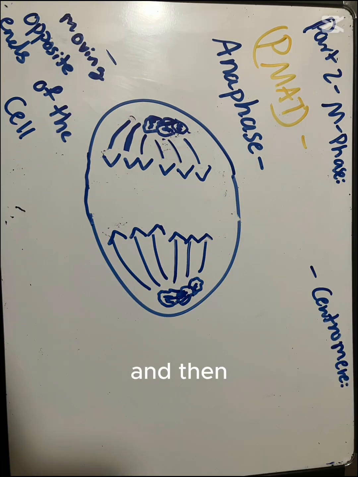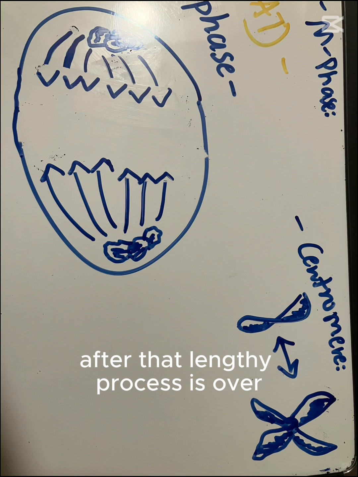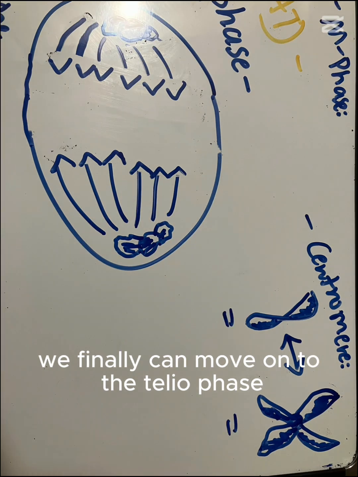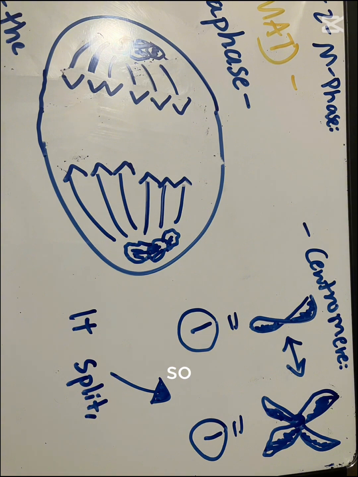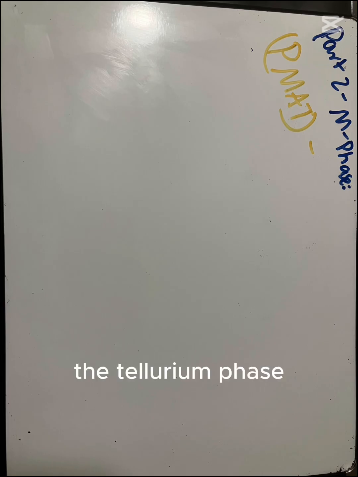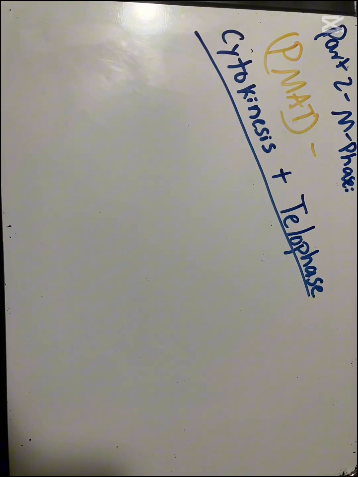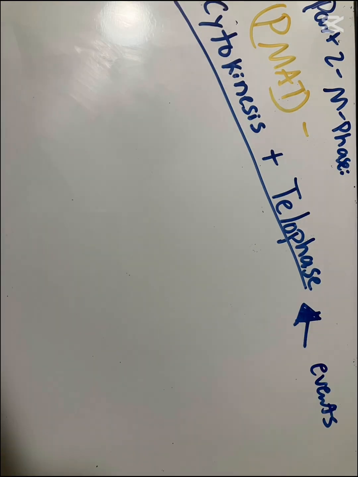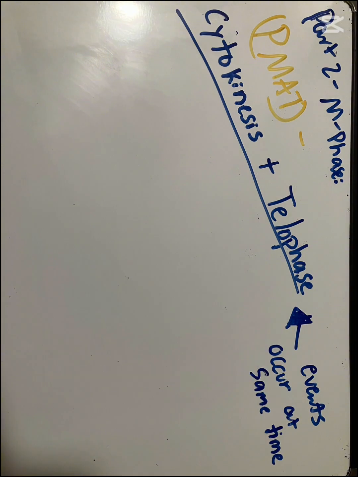And then, after that lengthy process is over, we finally can move on to the telophase. In telophase, the separated chromatids reach opposite poles of the cell.